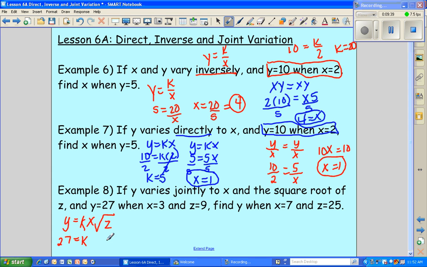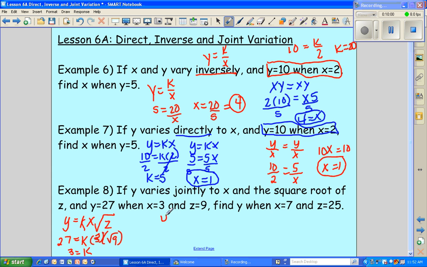I need to solve for k. X is 3, and z is 9. So when I solve for this, I get 3 equals k.